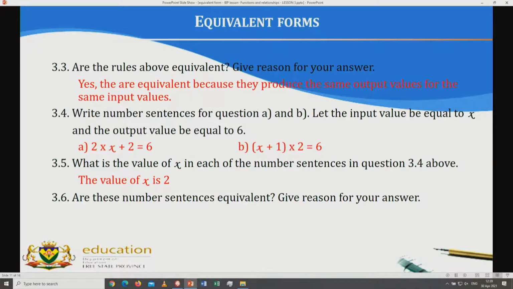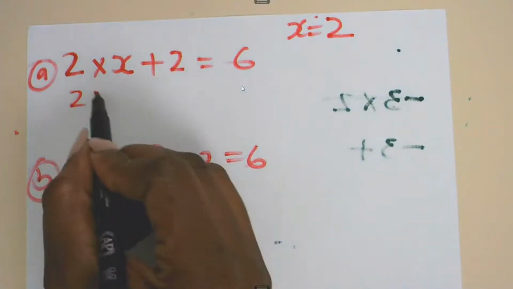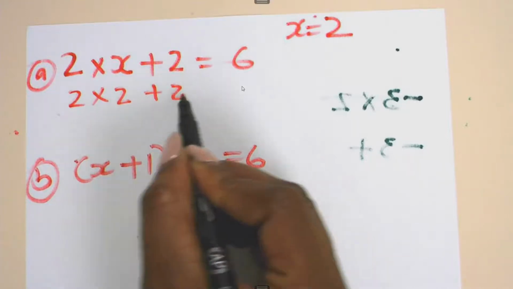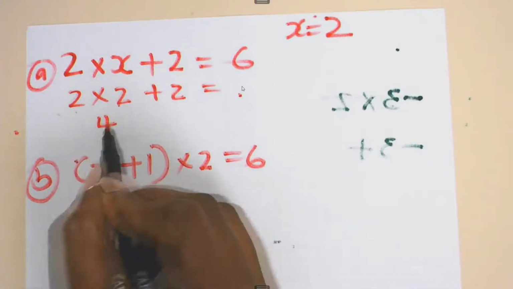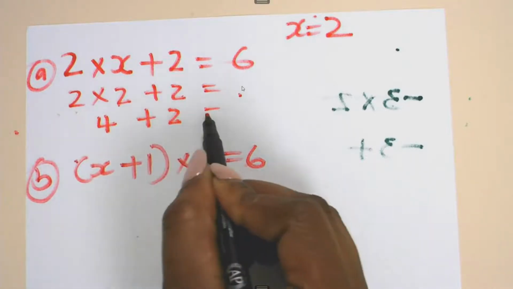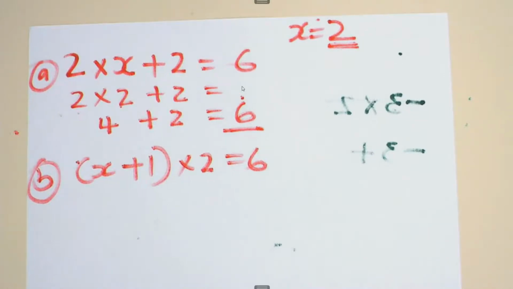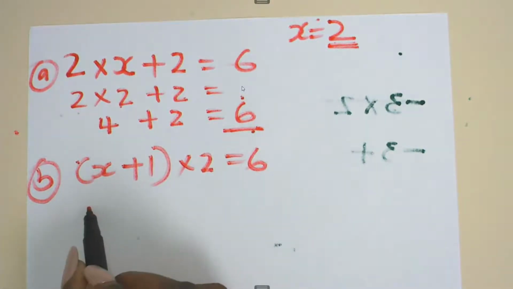Now for the value of x, we have to substitute. Where x is 2, multiplied by 2 plus 2, then we must get 6. Then 2 times 2 is 4 plus 2, it gives us 6. Therefore, that value is correct because we got 6. Then now, the second one, we are going to substitute.